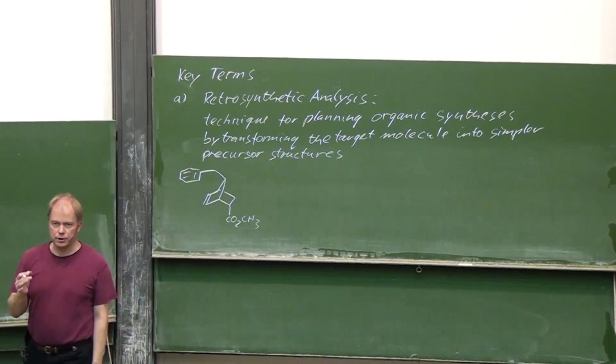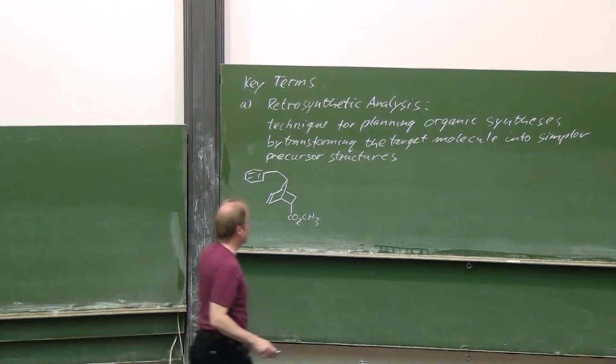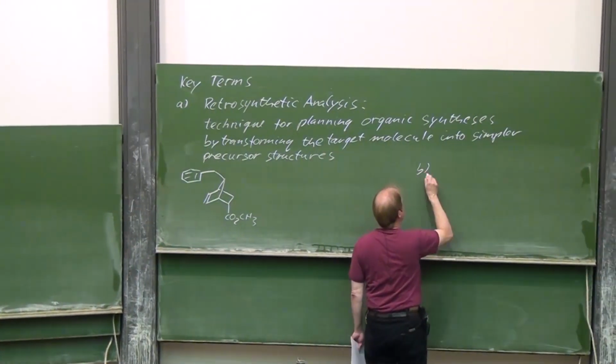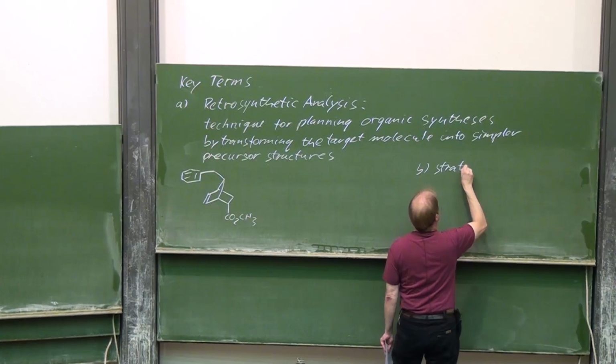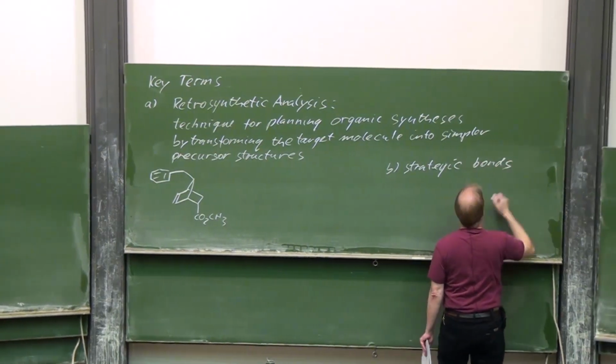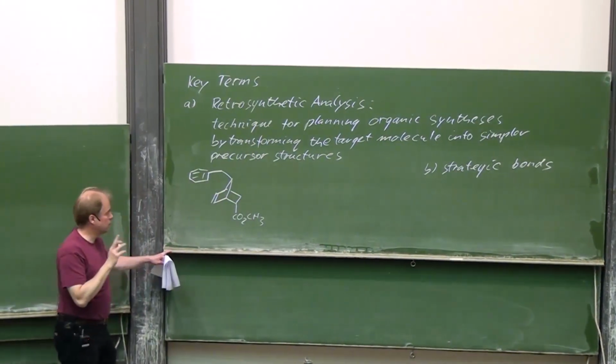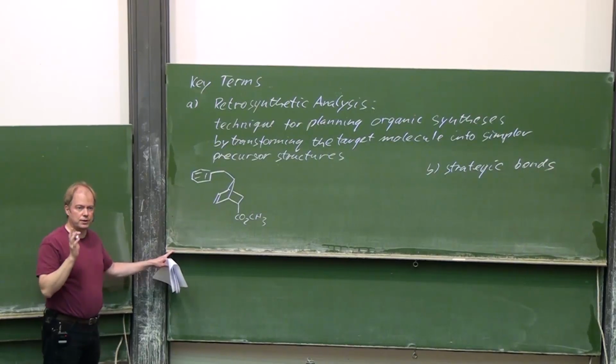Therefore, we are looking for so-called strategic bonds. So let's write down B, strategic bonds, which have to fulfill the following criteria.